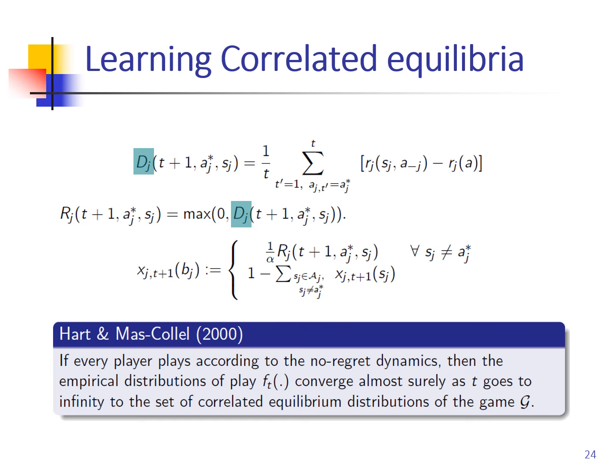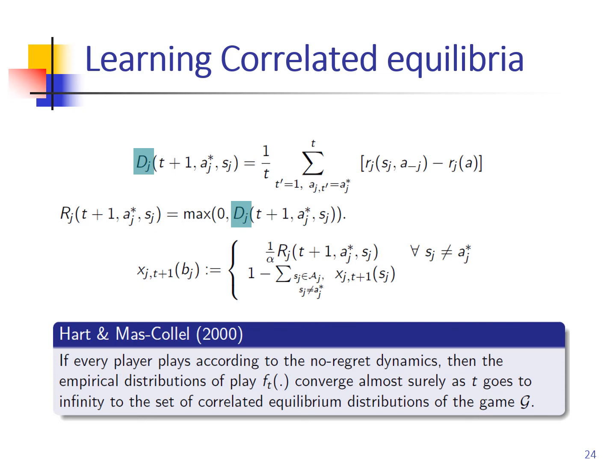What's interesting is that Hart and Mas-Colell, back in 2000, provided us with a nice convergence result, which says that if every agent plays according to this no-regret dynamics, then the empirical distribution of play, f_t here, will converge almost surely as t goes to infinity to the set of correlated equilibria.